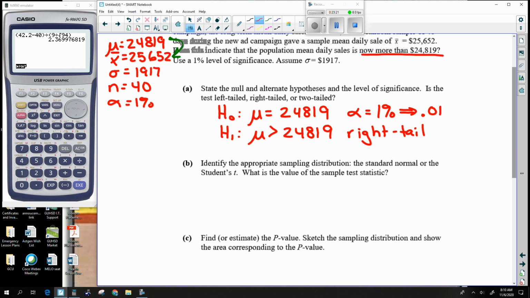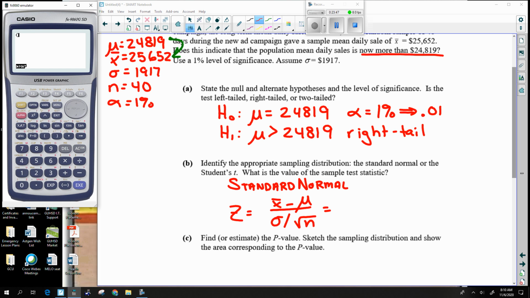Because this has a sigma in the question, this is going to be a standard normal, meaning we're going to get a z-score, which is x bar minus mu over sigma divided by the square root of n. Put parentheses around the numerator and around the denominator.